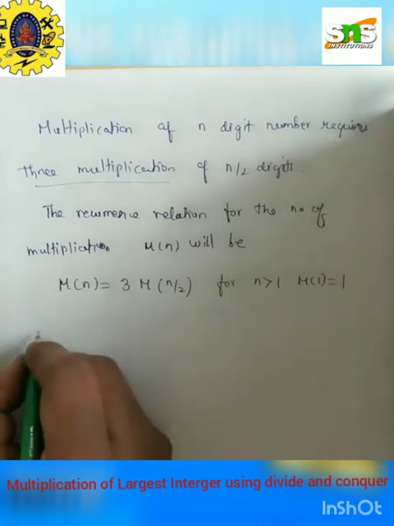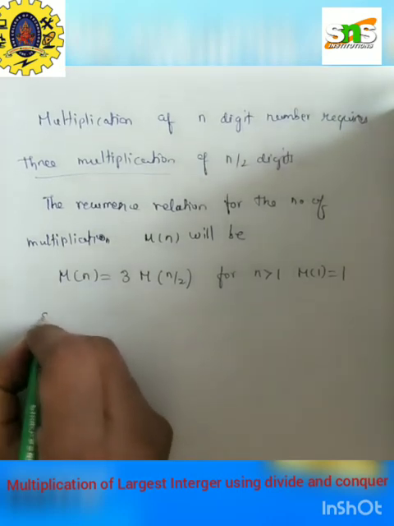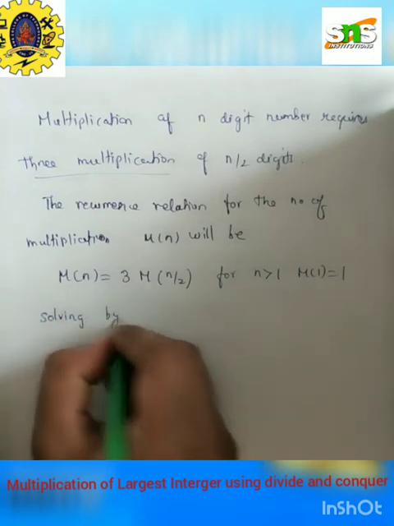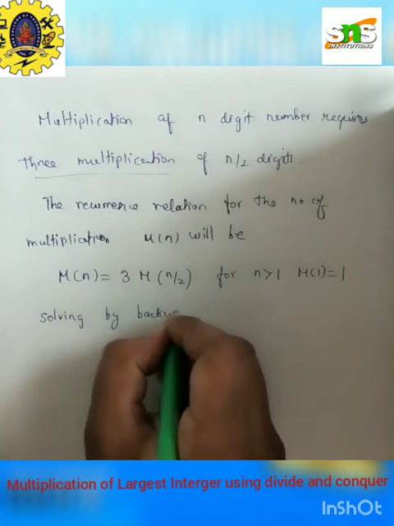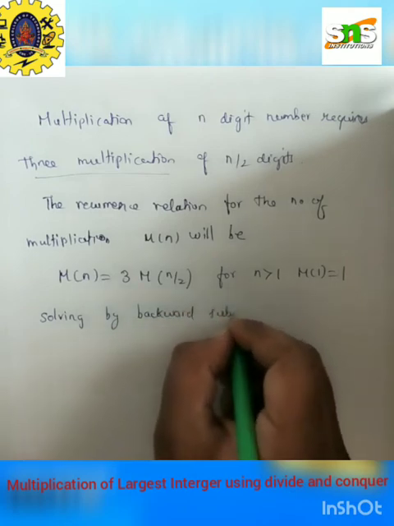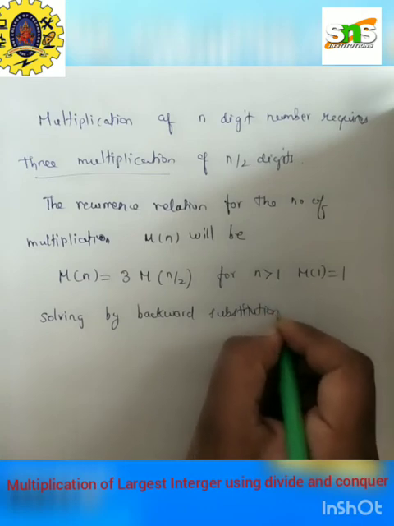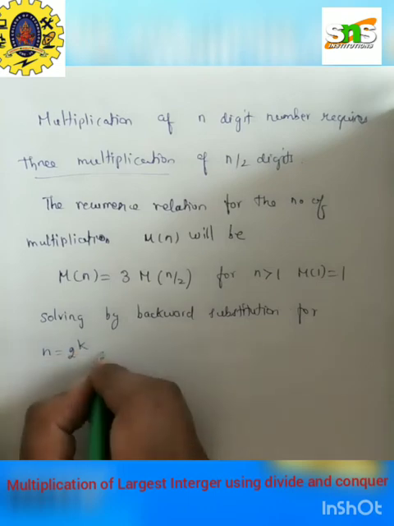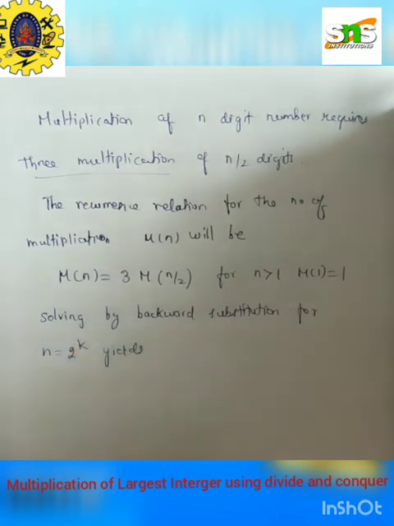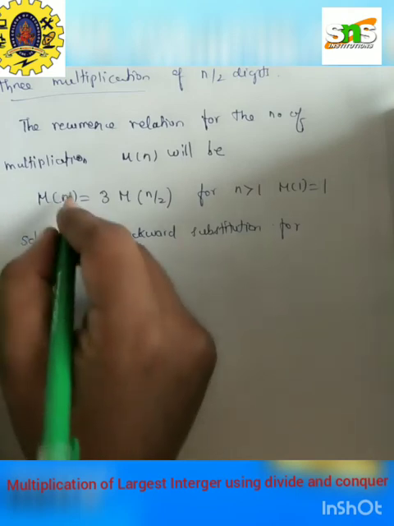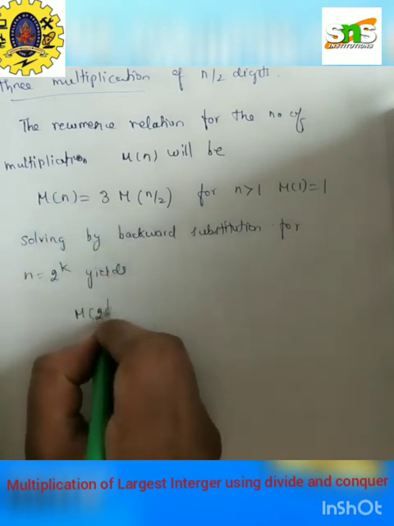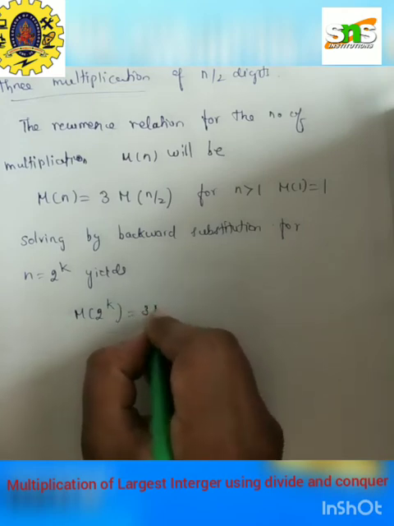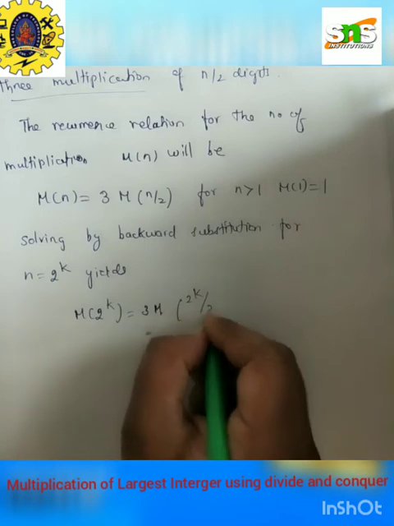So now solving it by the backward substitution method, because it's divide and conquer. Substitution for n equal to 2 power k: instead of n we substitute 2 power k, so m of 2 power k. For all recurrence relations formed by divide and conquer, we follow the same method, 2 power k divided by 2.